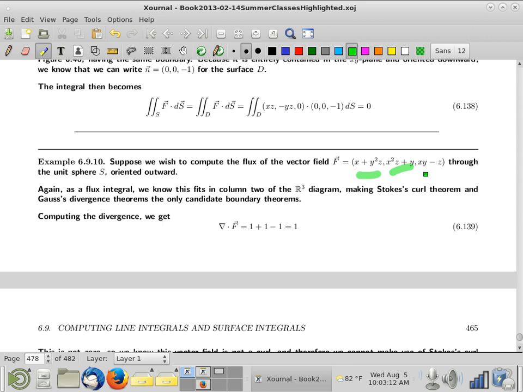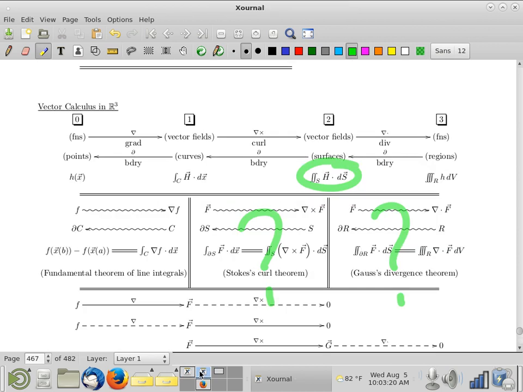That's an easy calculation, a couple of quick partial derivatives. The divergence is 1, which is not 0. That means that there is no anti-curl, and therefore Stokes' curl theorem is off the table. Can't use it. Furthermore, surface independence is off the table. This vector field simply is not surface independent. You can't use that argument either. Everybody good?